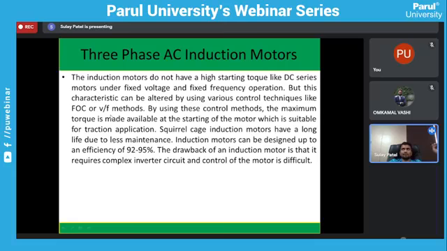You can see that the normal AC is cheaper than the inverter AC. Likewise, the normal control of an AC induction motor is cheaper, but the variable frequency control of an induction motor is costlier. So there is a little cost to control the AC induction motor, but by implementing this variable frequency method, we can achieve the maximum power and torque requirement for the initial starting purpose.